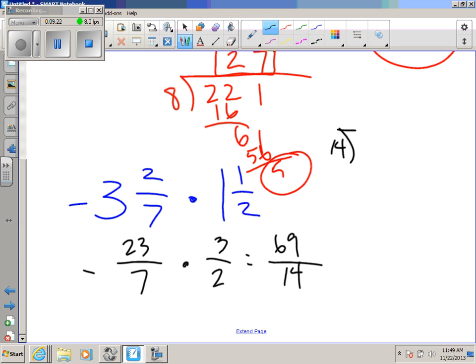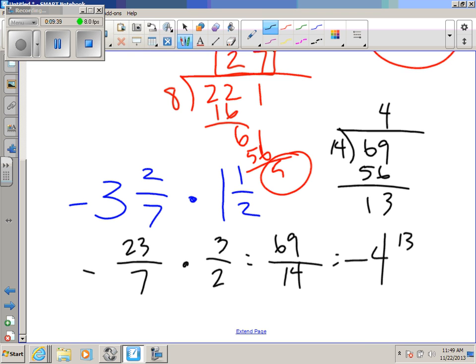So 14 into 69, 4 times is 56, which leaves 13. So -4 and 13/14.